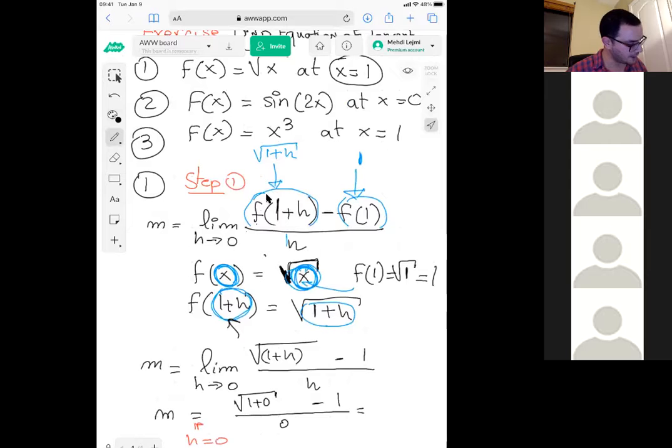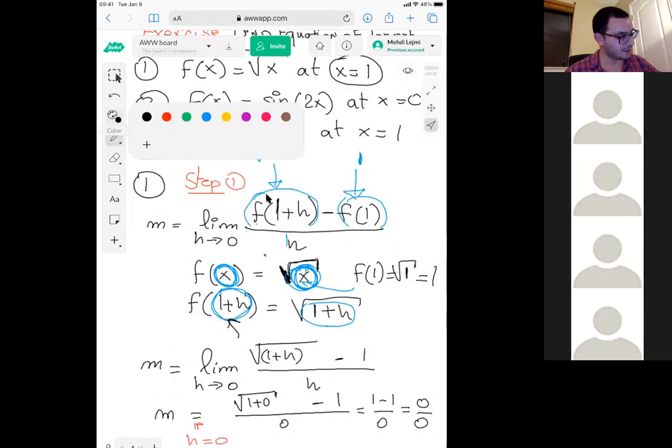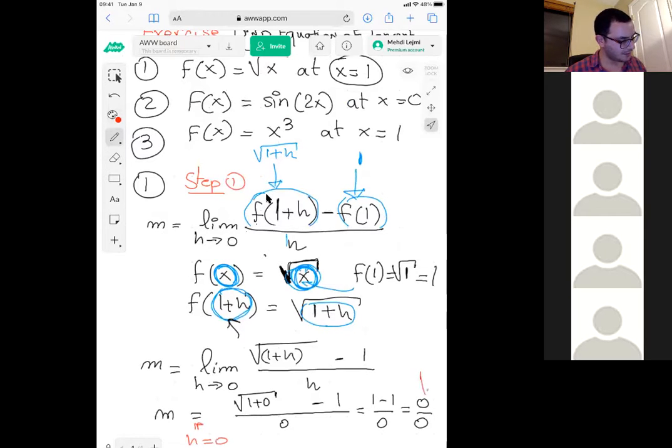So that would be the square root of 1, which is 1, minus 1 over 0. So that's 0 over 0, and that's an indeterminate form.